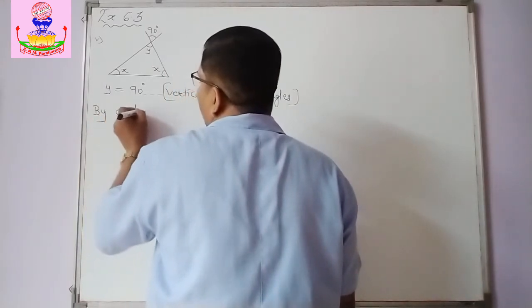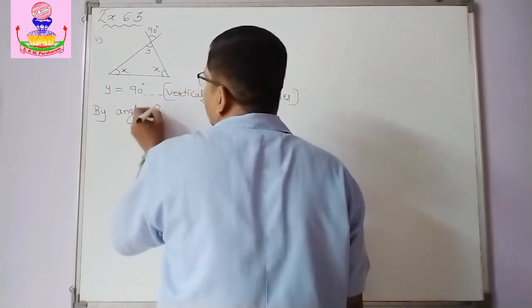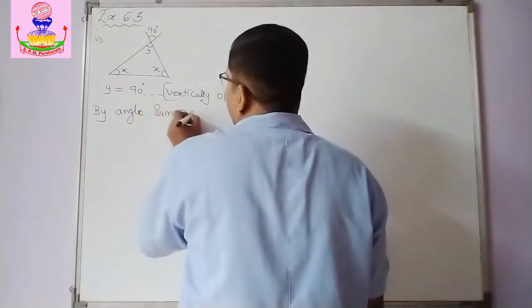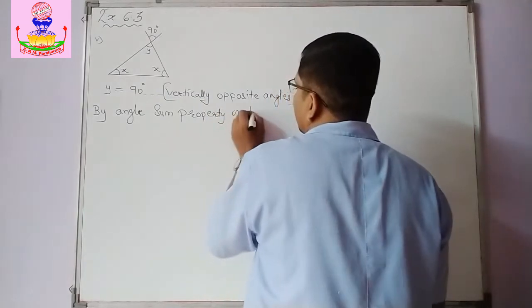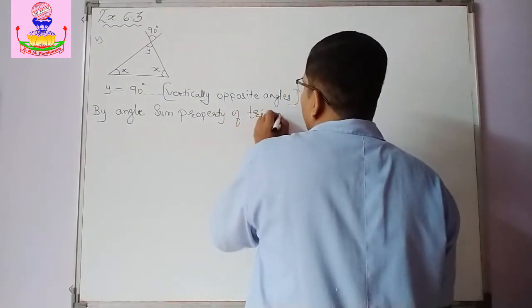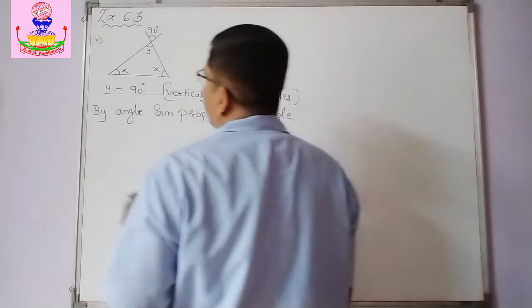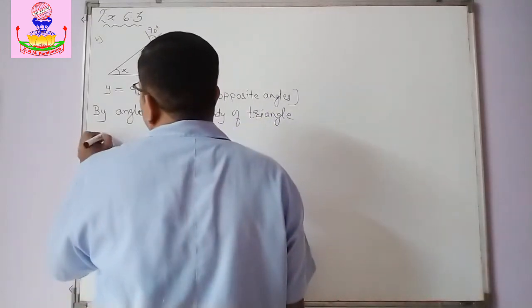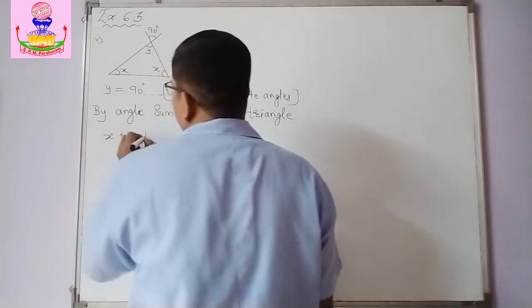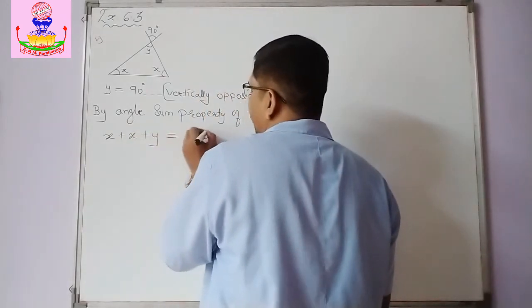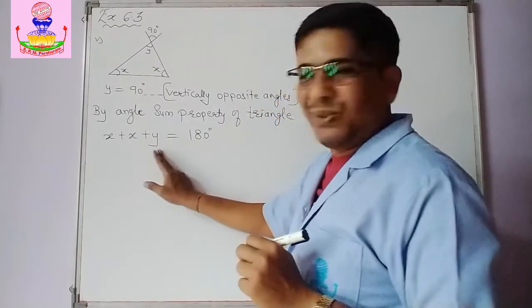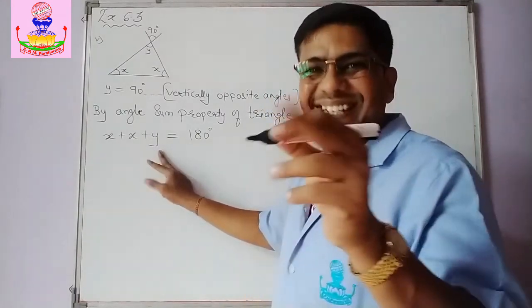Then, now for the triangle, by the angle sum property of a triangle, what you will have? X plus Y is equal to 180 degrees.